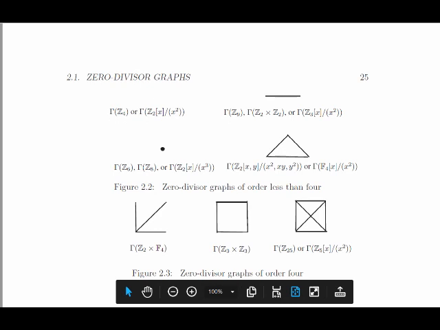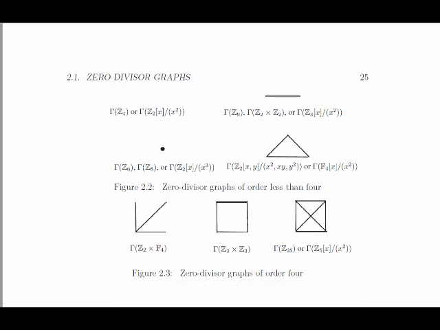As you see, the first, here is one, and here is one, and there is one missing here. If you have a graph with two vertices, a connected simple graph, it's going to be like one edge.